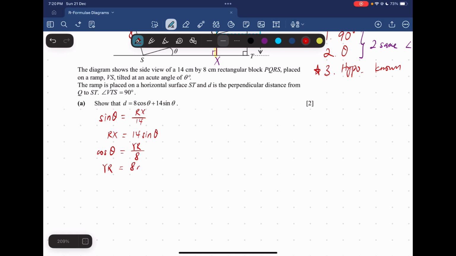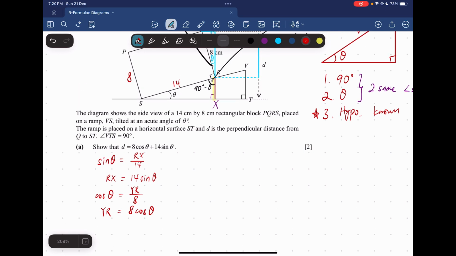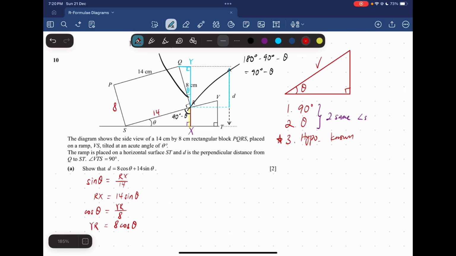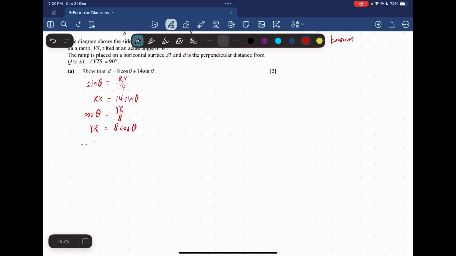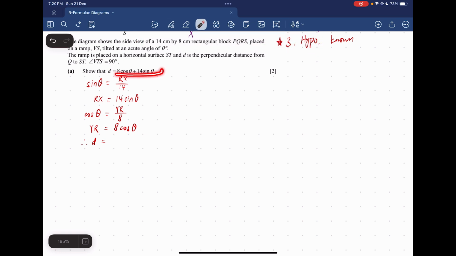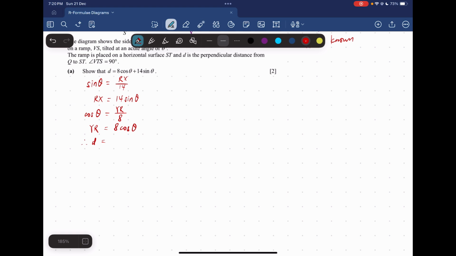Solve for YR. Okay, so we have Rx and YR. We can add them up to get D. I'm also now looking at the order that I'm supposed to, the sequence of terms I'm supposed to obtain. I'm just going to write it in the way that they like. So there we have it, shown.